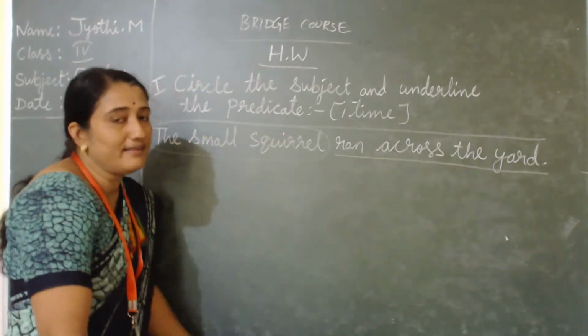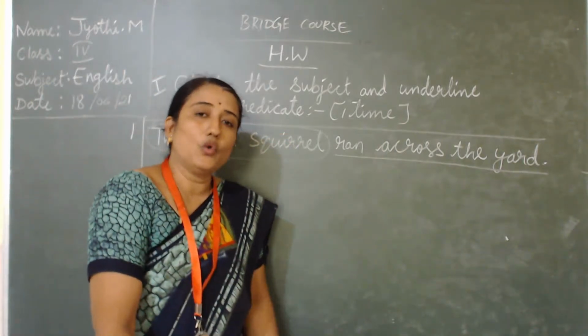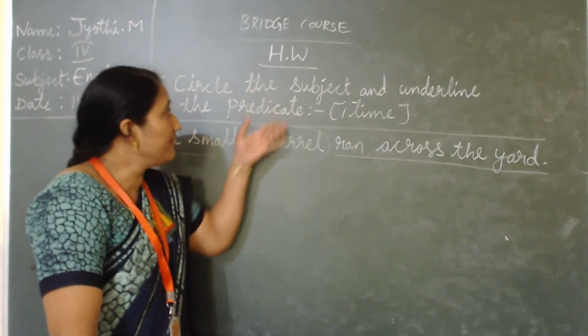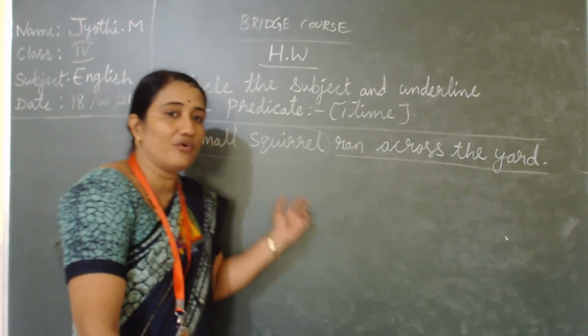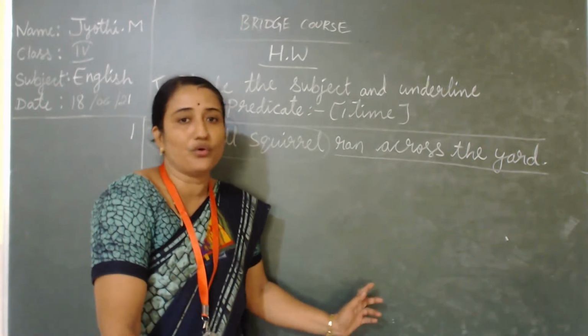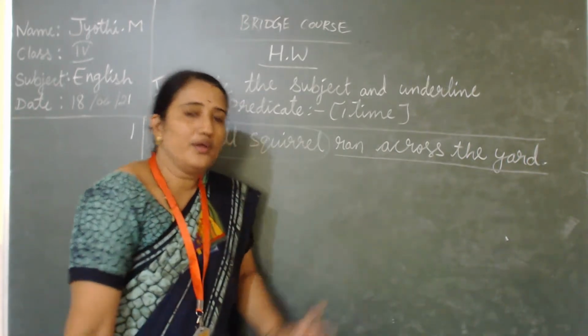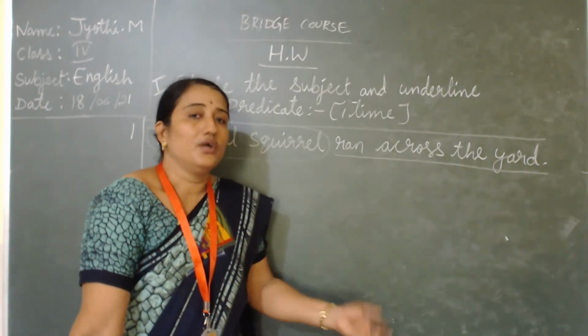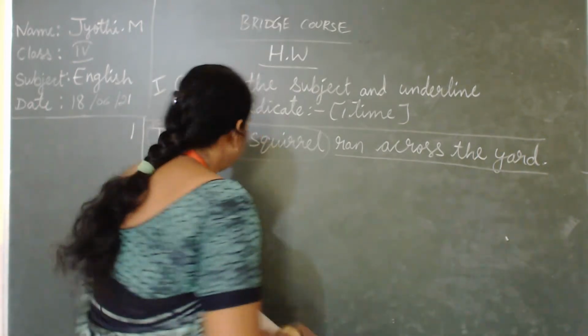Now some of the sentences I will be giving now. You have to practice. Only one example I showed you. Here in this activity 1 I showed, and before while explaining I showed you one more sentence. Now you have to, by reading the sentence, you have to do the activity.